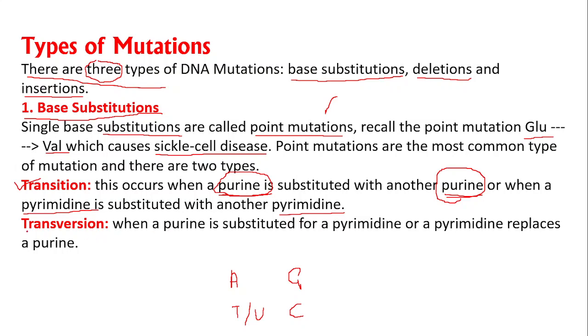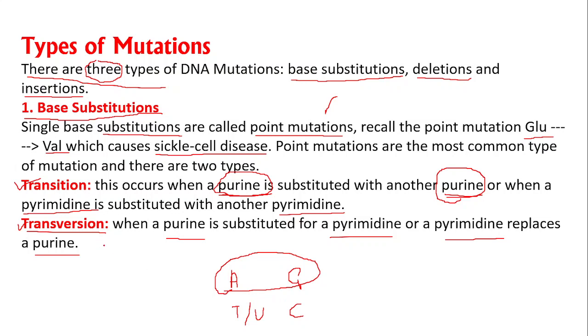Next one, transversion. It is the other type of base substitution or point mutation in which a purine is substituted by a pyrimidine or a pyrimidine is substituted by a purine. In transition, the substitution occurs between a purine and a purine, and a pyrimidine and a pyrimidine.